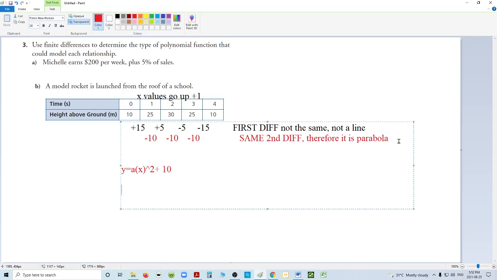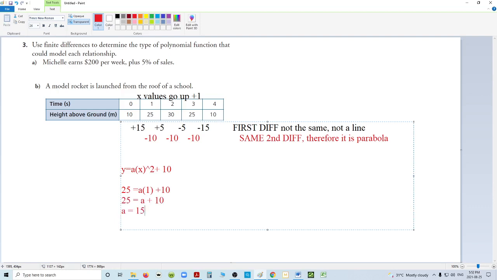Now, all we would have to do is figure out the a. To do this, we would take any value of y where we have a value of x. So when y is 25, x is 1. What's 1 squared? It's just 1, plus 10. So that means 25 is equal to a plus 10, which means a is equal to 15.